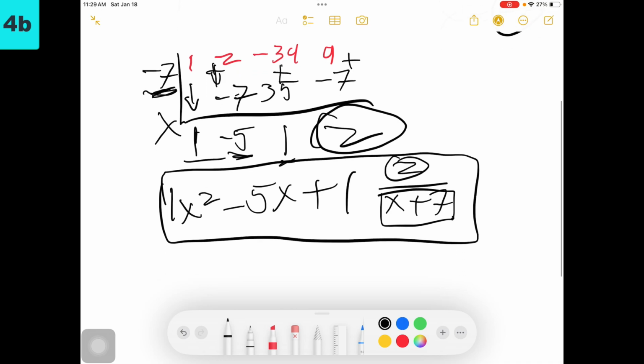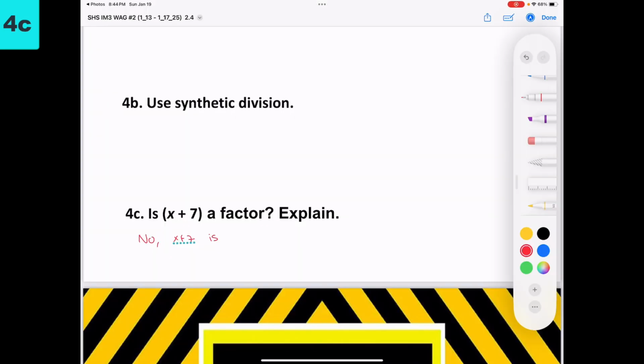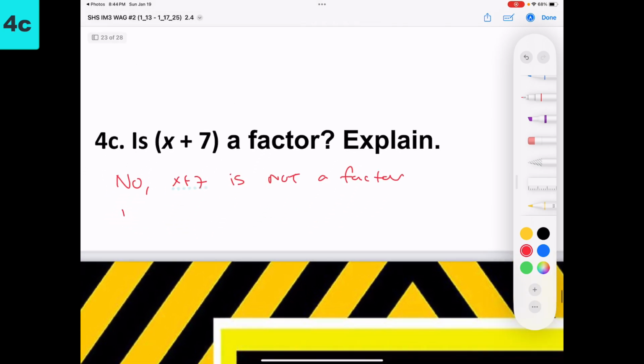So in order for any division problem to have a factor, there cannot be a remainder in the quotient. All right, so is it a factor? No, x plus 7 is not a factor because the remainder is 2.